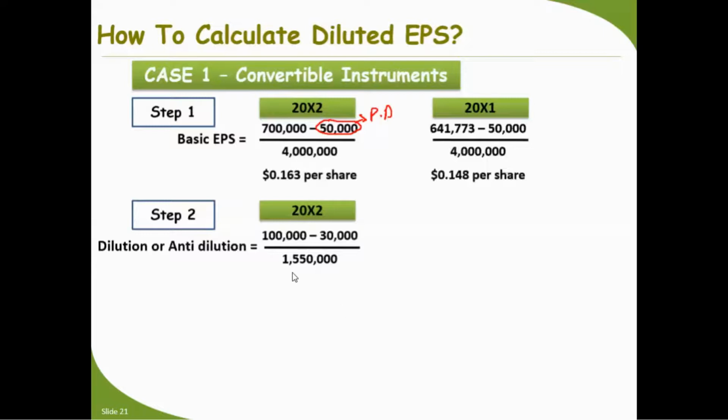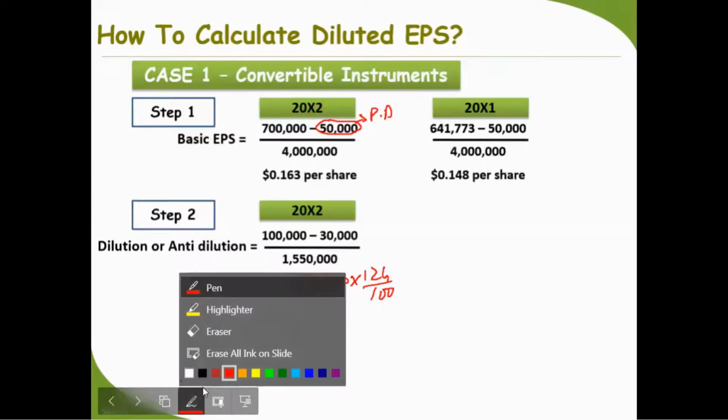So this is calculated how: $125,000 times 124 divided by 100. We calculated.